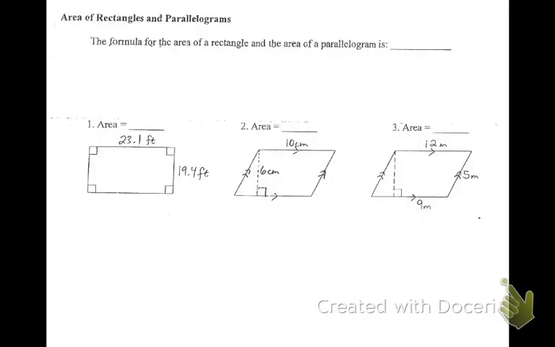First, let's look at the area of rectangles and parallelograms. This is the most basic area formula because it's just base times height. Now I want you to note something. Whatever you're multiplying has to be perpendicular. So the base and the height are always perpendicular.